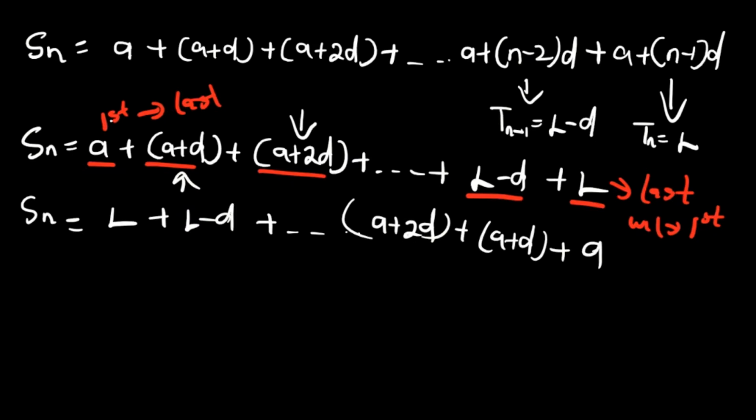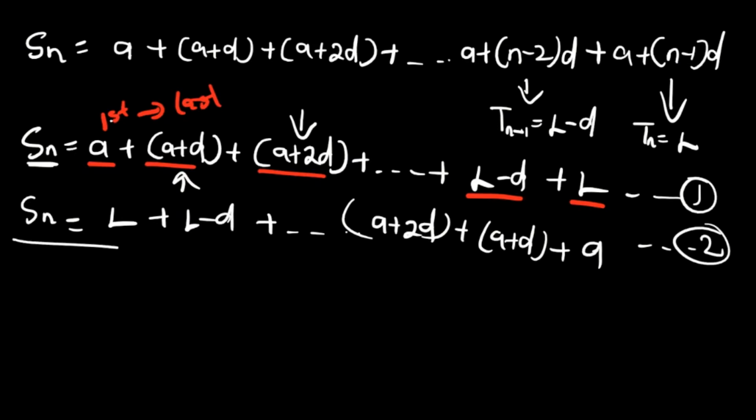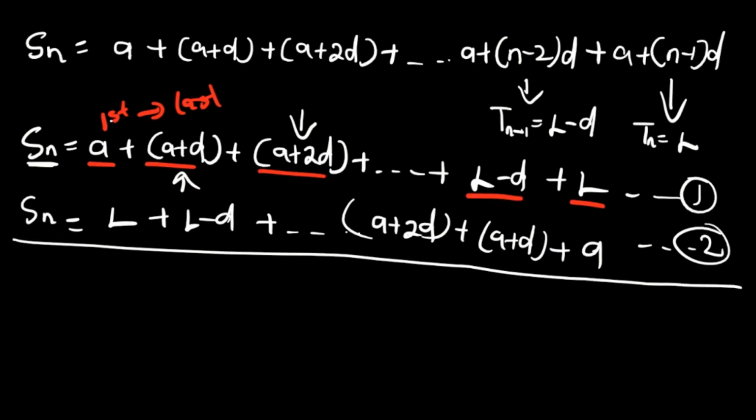So now this Sn here is going to be your equation 1. Let me write it properly. So this will be your equation 1, and this one here will be your equation 2. Now let's add these sequences. If we add the top sequence, equation 1, and the bottom sequence, equation 2, Sn plus Sn is going to give you 2Sn, right?